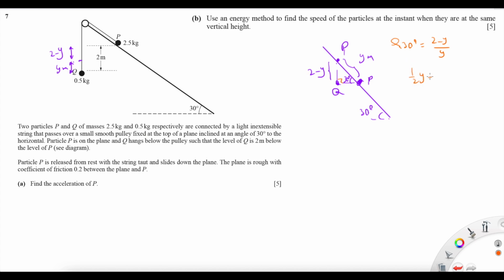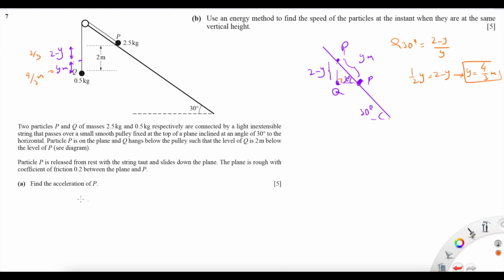So half y is equal to 2 minus y. If you transfer to the left hand side, it will become 3 over 2 y is equal to 2. So y will be 4 over 3 meters. Now this distance will be 2 minus 4 over 3, which is then 2 over 3.